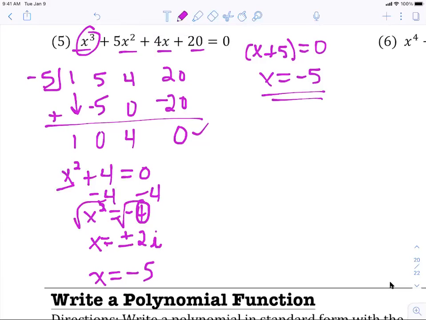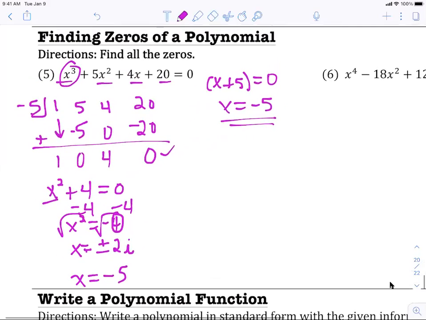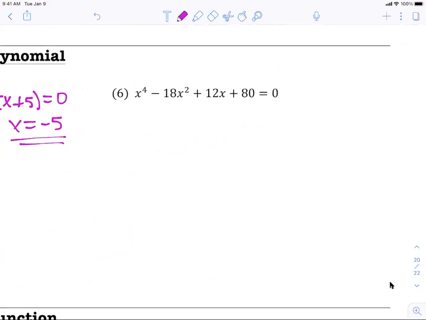And this is where it comes into play when we deal with different polynomials. Whatever the degree is, that's the number of solutions that you should have at the end of the day. So like number 6, the one that we're going to do next in just a little bit, because we have a degree of x to the 4th, that means you should have 4 solutions.